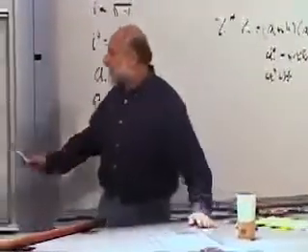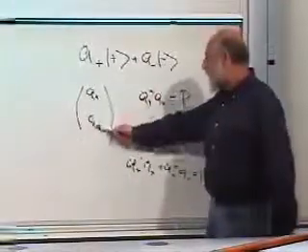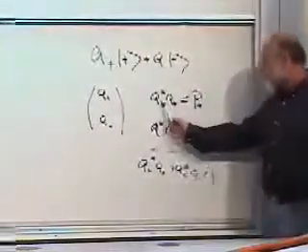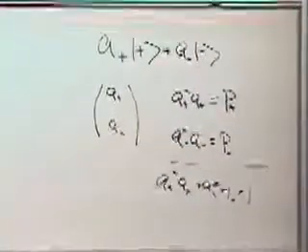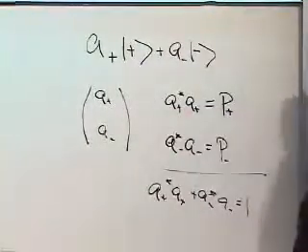The entries, the coefficients, or equivalently the components of the vector, when you square them, or better yet, when you multiply them by their own complex conjugate, give you the probabilities for the two possibilities. Yeah?